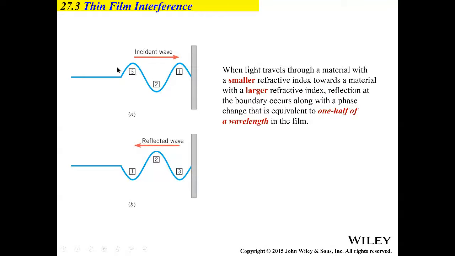When light travels through a medium with a smaller refractive index and gets reflected at the boundary to a denser medium, the light will be reflected 180 degrees out of phase.